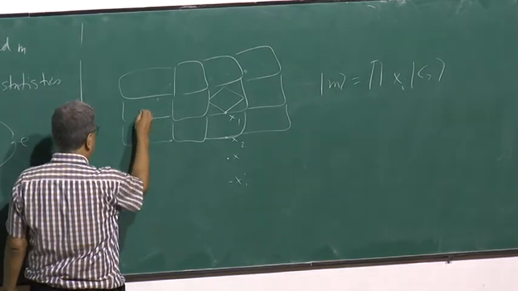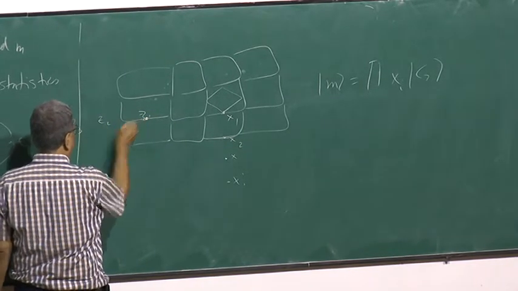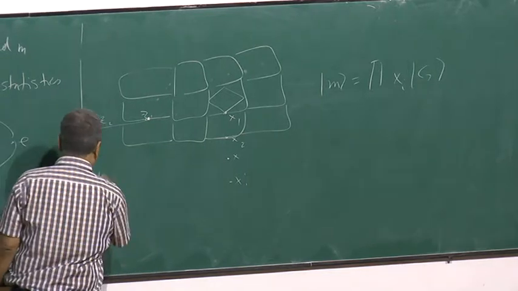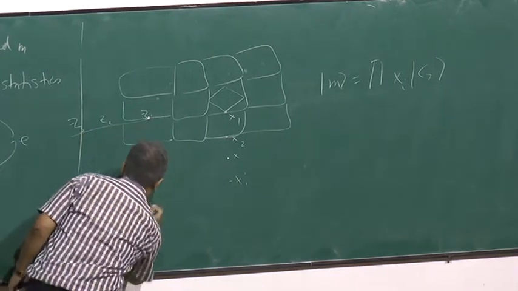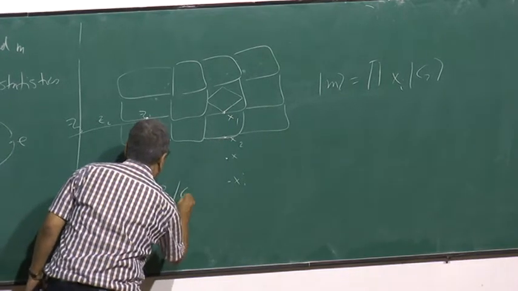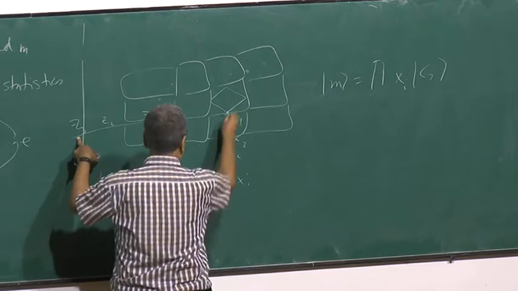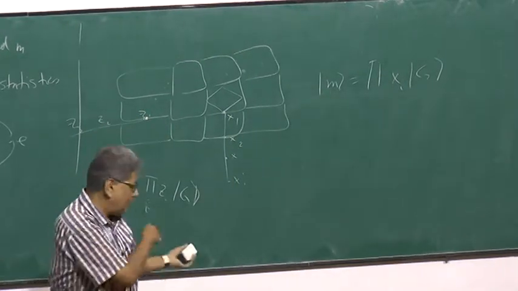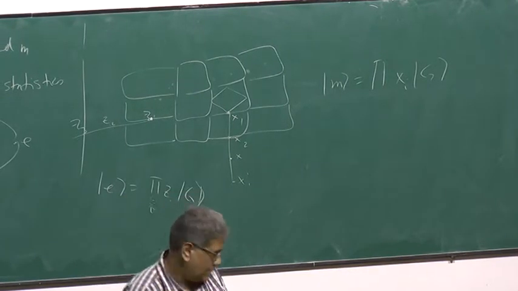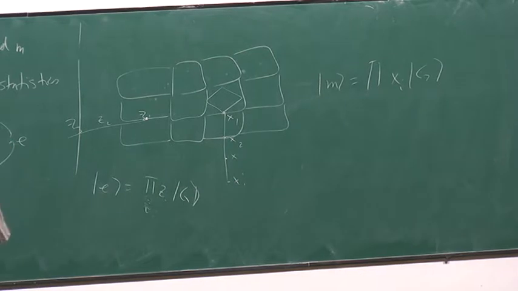So a string of z's acting on the ground state creates an E particle. And as long as these two are not intersecting, you can create both an E and an M, and it doesn't matter in which order you create them. Now we have to do this process where you hold M fixed and you move E.